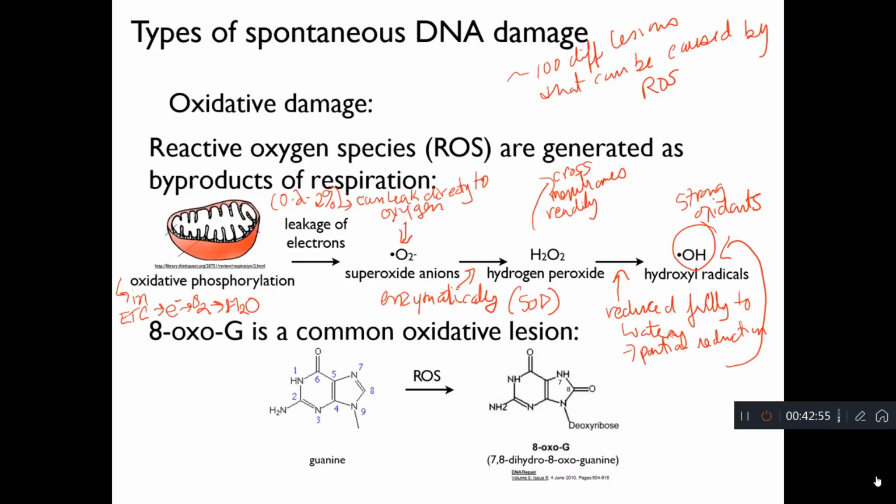In the interest of time, we will focus on just one. The one that I want to discuss is an oxidized form of guanine, shown below, which is 8-oxo-G.